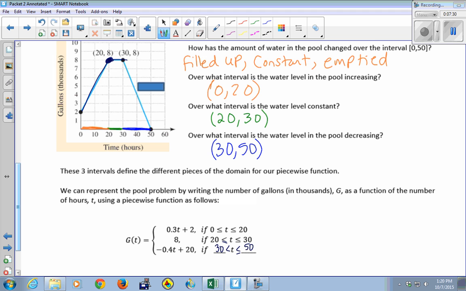It's possible that if I plugged 20 into this one and 20 into this one, I'd get a different y value. In this case, I don't. But with two different formulas, you could get two different values at that endpoint. And then if I had two different values at that one endpoint, this would not be a function. So in this case, it would be fine. You're not violating any rules of functions if you put the or equal to here.